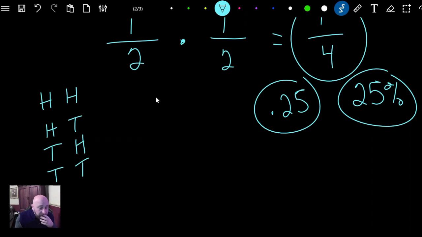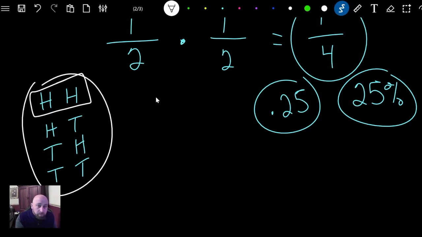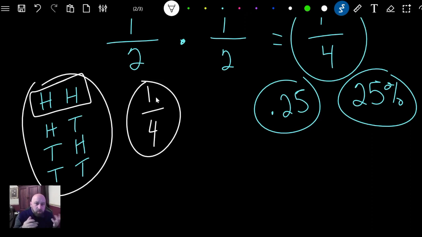They both get tails. Notice the only one that's a good outcome is heads, heads. That's what we want. So we have 4 total outcomes and only one good one. So 1 over 4. That's another way to look at it. If we wrote them all down, it would come out the same.